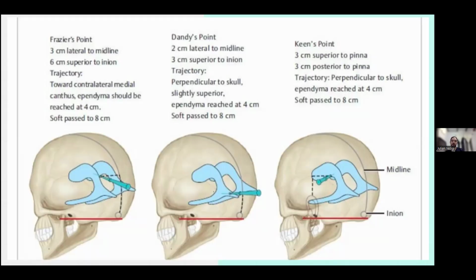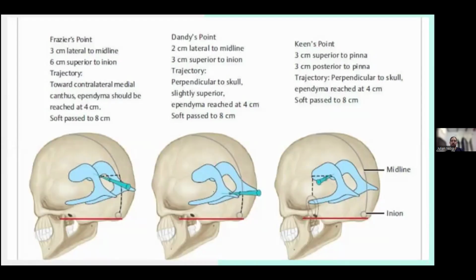The main advantage of Frazier's point is that it avoids the region of the frontal lobe and the motor cortex, making it useful when anterior approaches are not suitable. However, because it lies close to the visual cortex, amongst the risks are visual field deficits, particularly homonymous hemianopia, which limits its routine use, right?